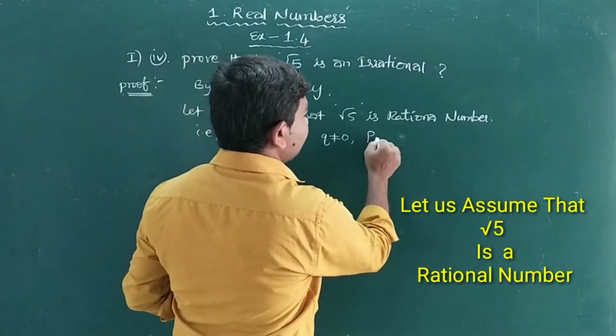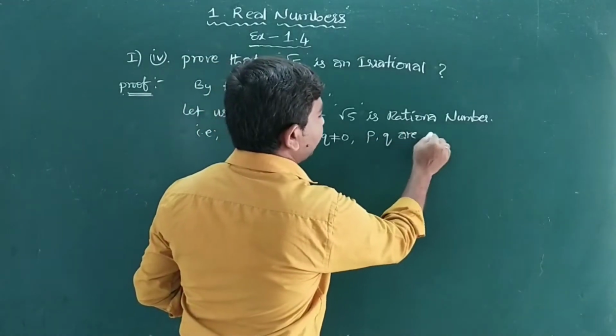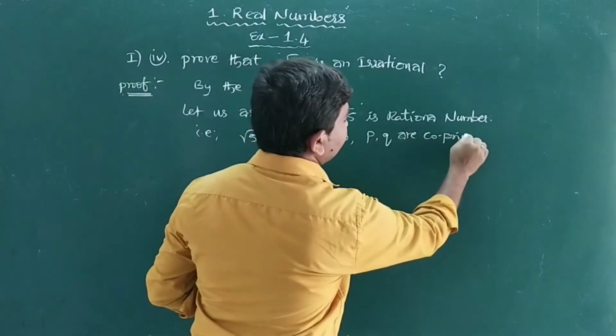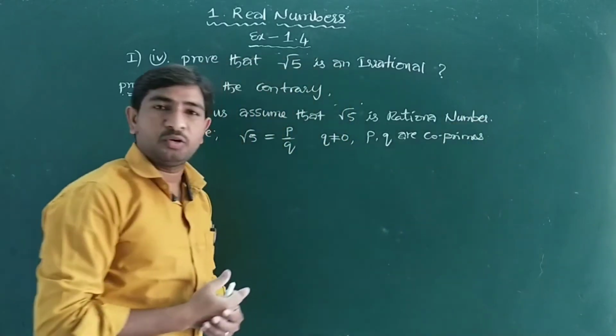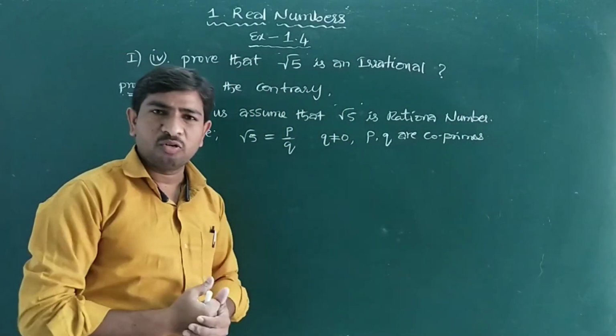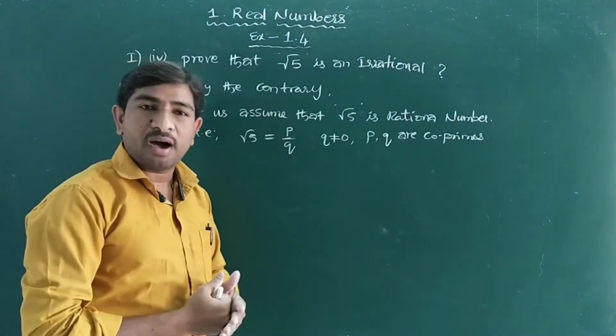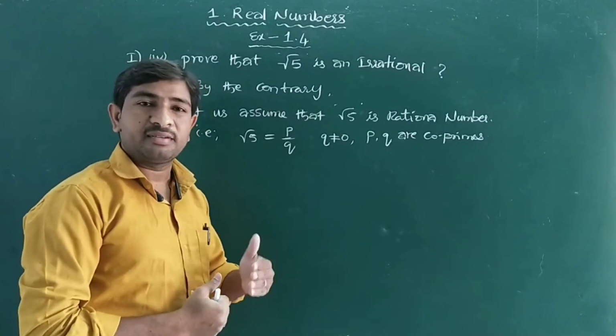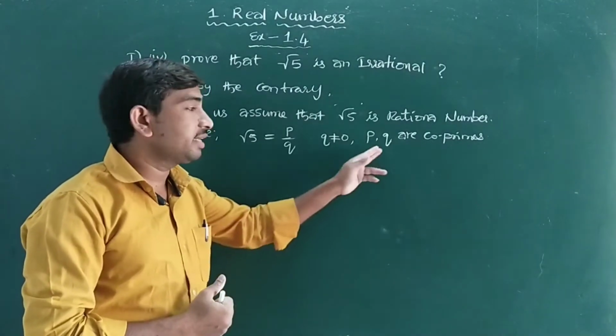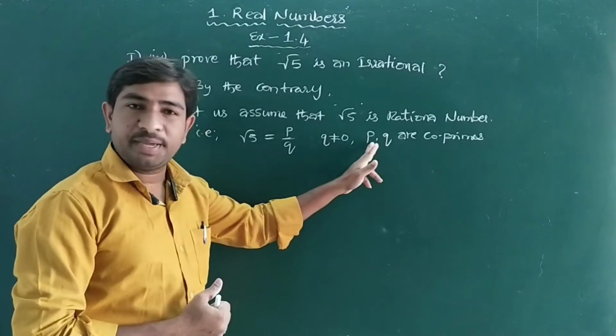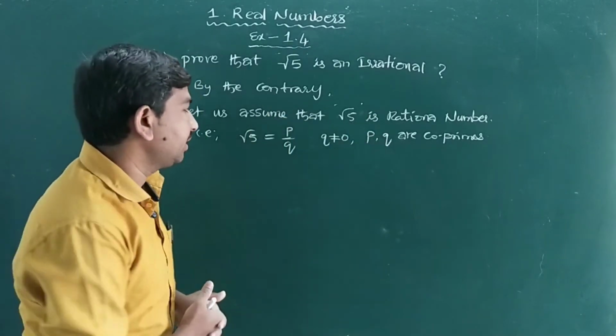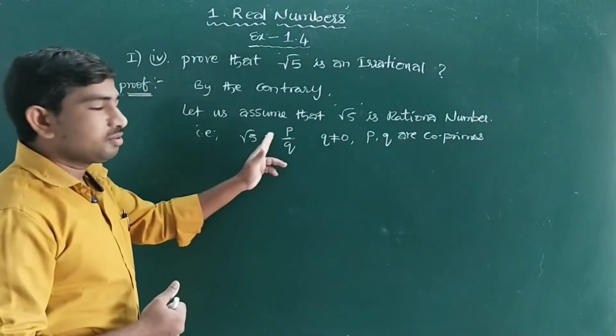P, q are co-primes means they don't have any common factor other than 1, so HCF of p, q is 1.